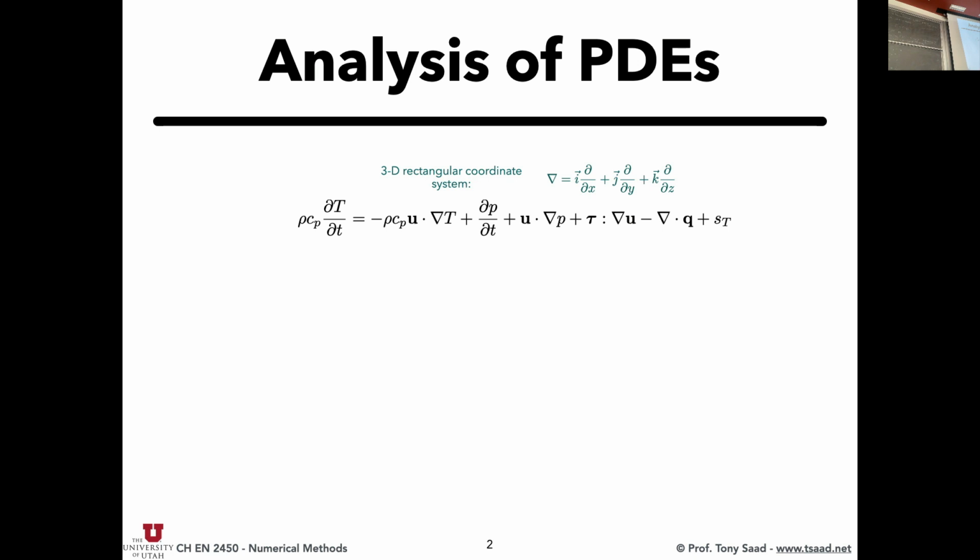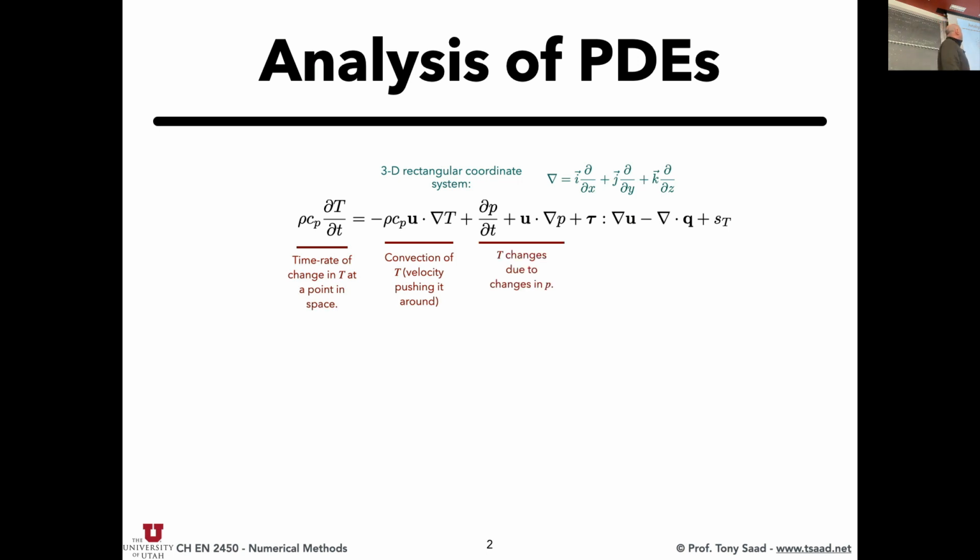This is a very complex equation, describes a lot of things going on. For example, this term is a rate of change in temperature at any point in space. This term describes convection of the temperature, which is the motion due to the presence of a fluid flow. As you see by that u velocity vector, that's essentially the speed of the fluid flow.